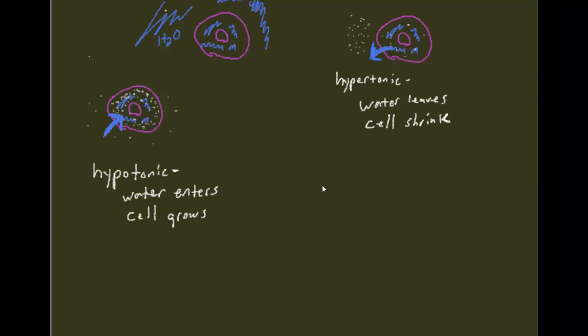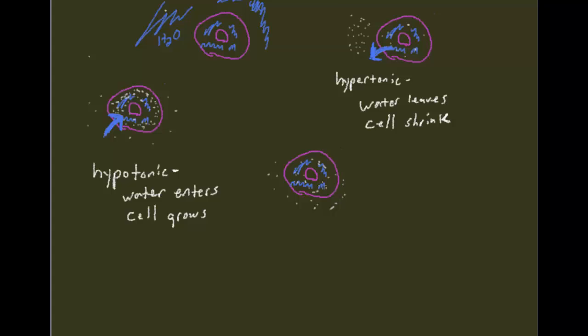And then, of course, the last situation, we say the best for last, right? The happy one. The happy little situation where the number of particles outside the cell and the amount of particles inside the cell are equal.